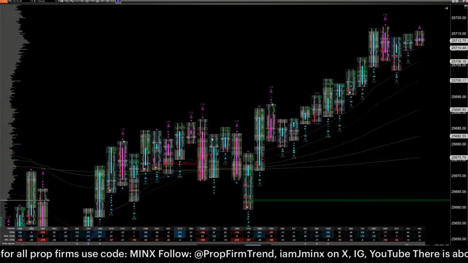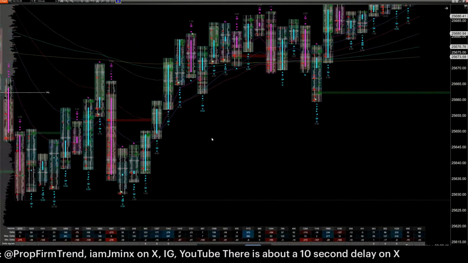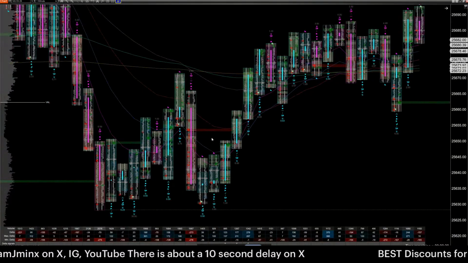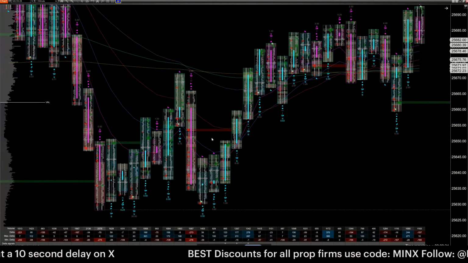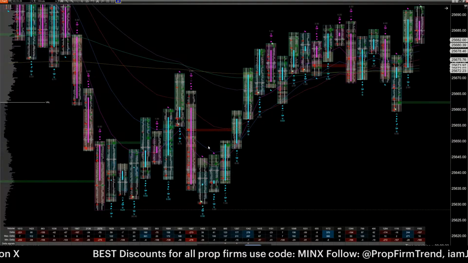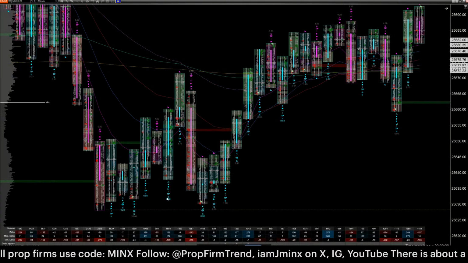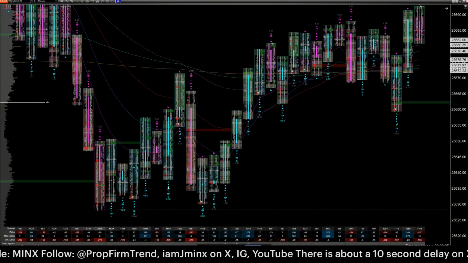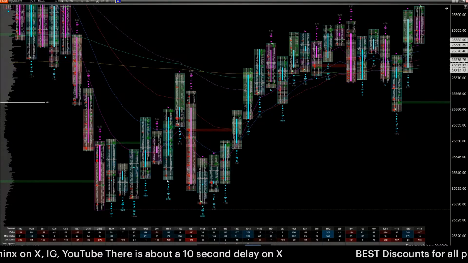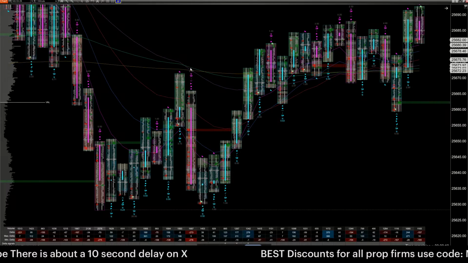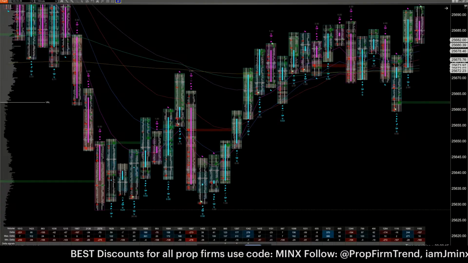No. One, two, three, four, five, six, seven, eight. No, this one had 8. Okay, well, anyway, the more of these bar markers on the bottom or on the top, the more pressure there's going to be from one side or the other.